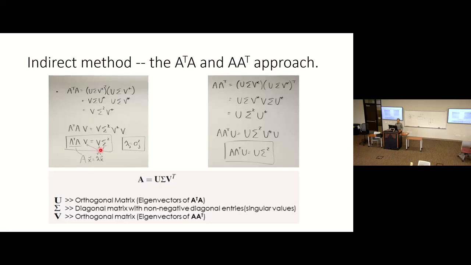Then to solve for V, that becomes an eigen decomposition problem. So V basically is an eigenvector of the M by M Gram matrix. And on the opposite side, U is the eigenvector for the N by N correlation matrix.